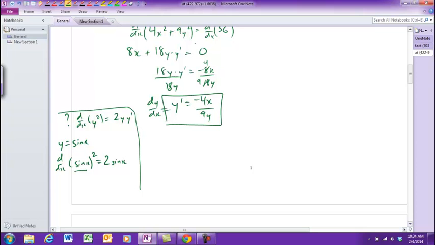But then we chain rule and we take the derivative of this sine x to give us cosine x. So what's going on here is that 2 is that 2. Our y is sine x, and our y prime is cosine x. So when we have an actual function, we can evaluate the chain rule like this. When we just have a y, we don't know how to evaluate the y prime, so we just write y prime.